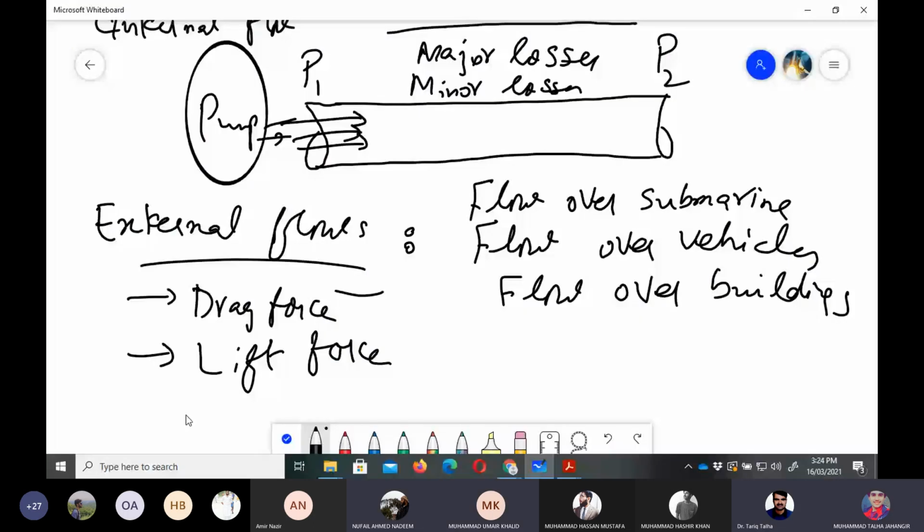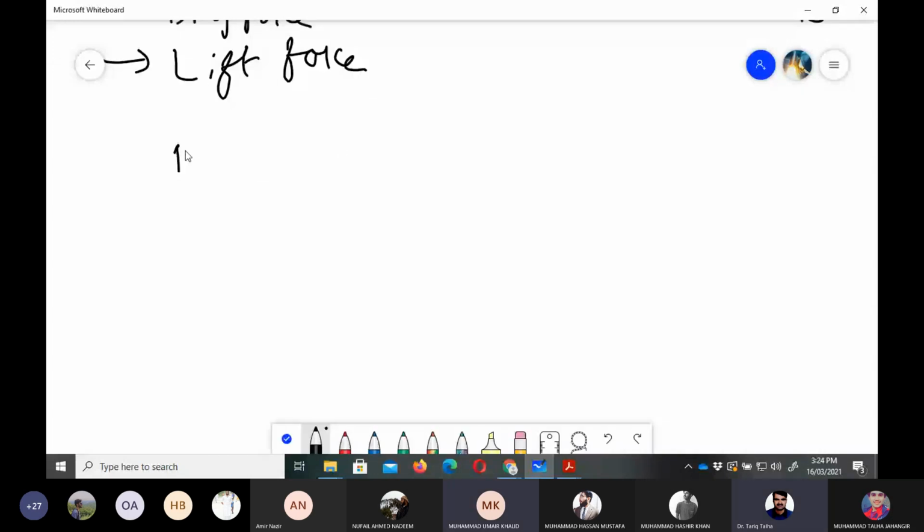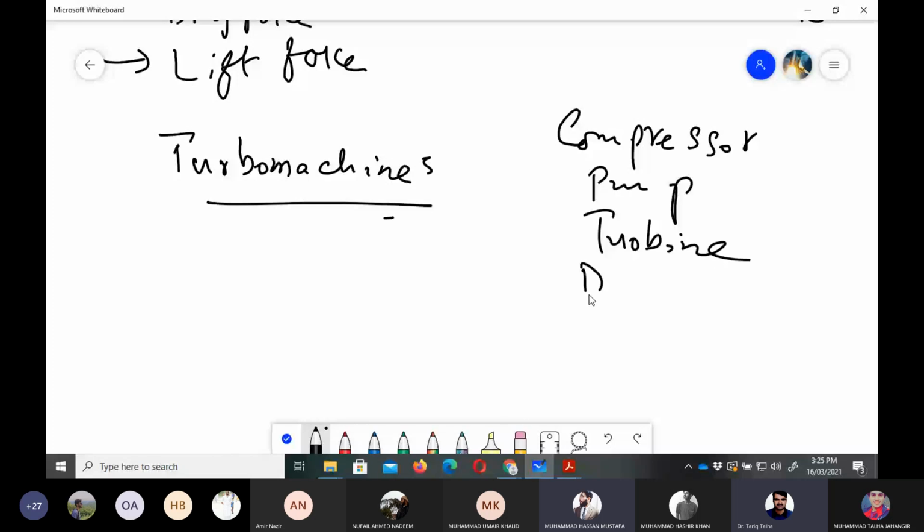Sir, water pumps. Water pumps, excellent. Anything else? Compressor. Compressor. Dams. Pump, turbine. Sir, will dams come? Absolutely, hydraulic dams come in that, wind turbine also comes, hydraulic turbine also comes.